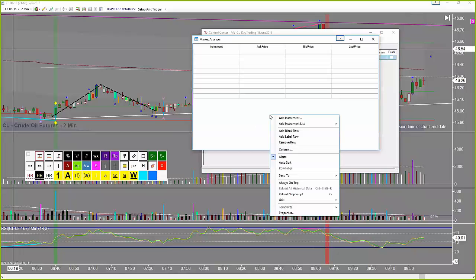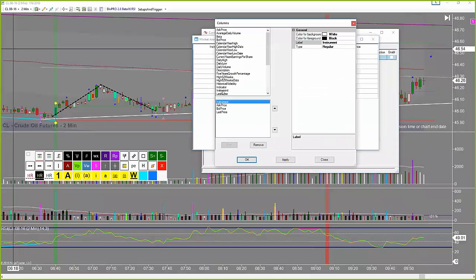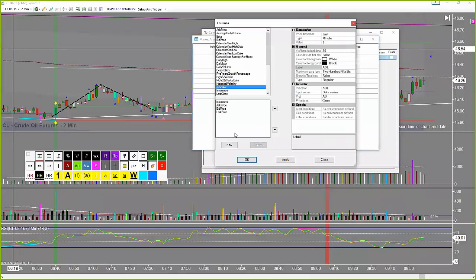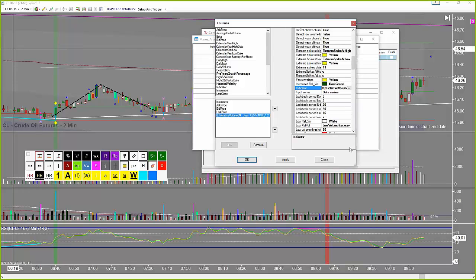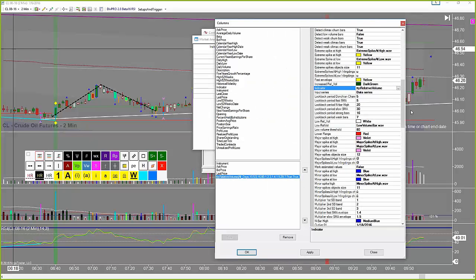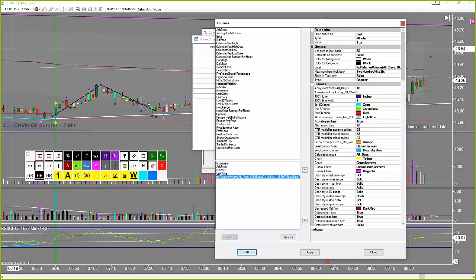So Market Analyzer, columns, indicator, relative volume. Let's say I want to load a 5-minute chart.